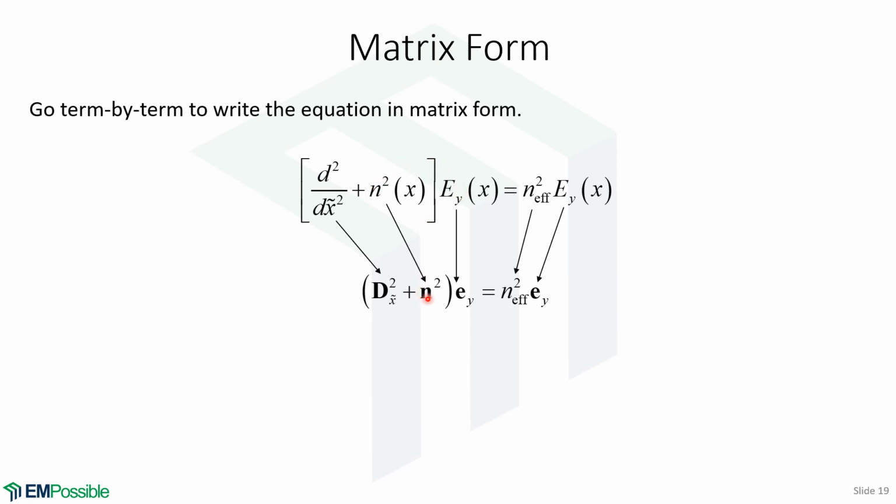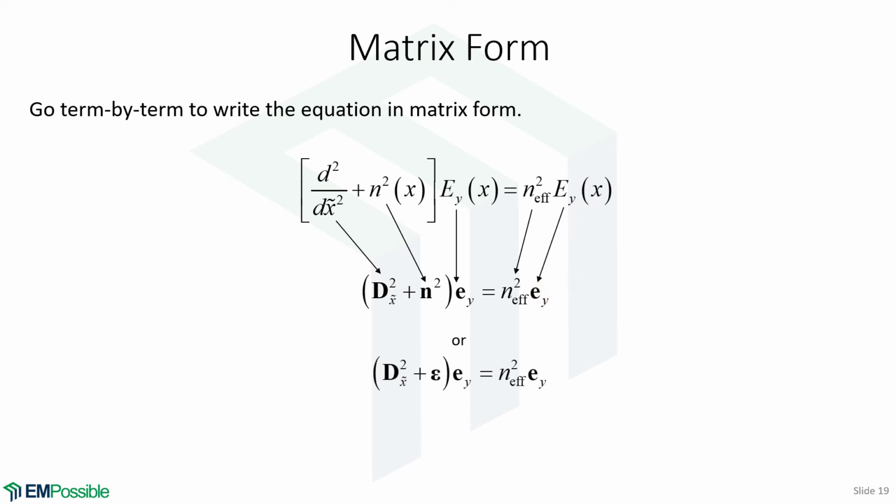So N becomes a diagonal matrix with the refractive index through the cross-section of the slab running through the diagonal of a matrix. And of course, we're squaring it. Our electric field in the cross-section of the slab waveguide is stored in a column vector. We have our effective refractive index squared. That's just a scalar constant, so we just copy that down here. And our electric field, again, stored in a column vector.